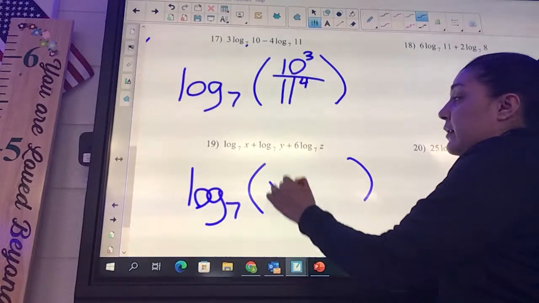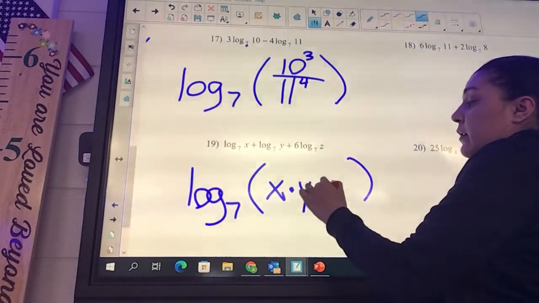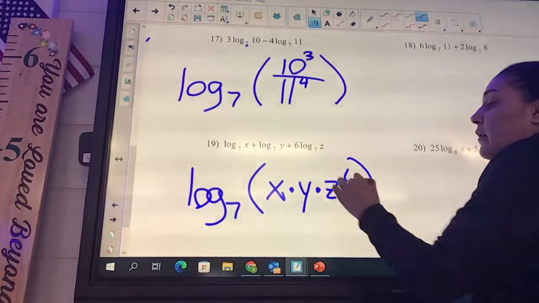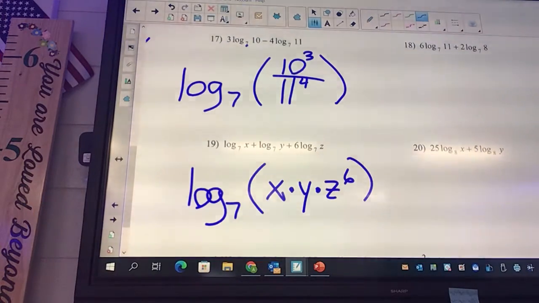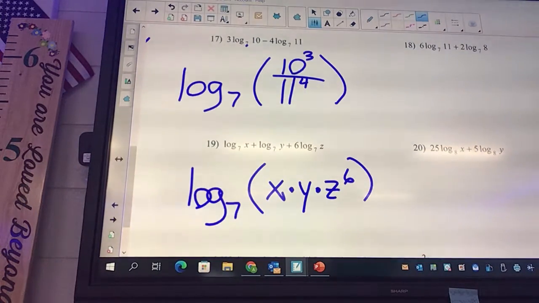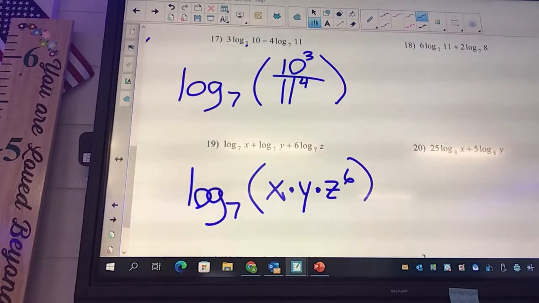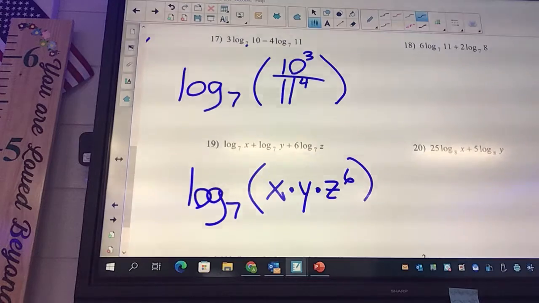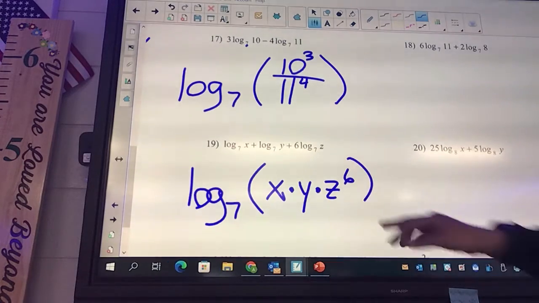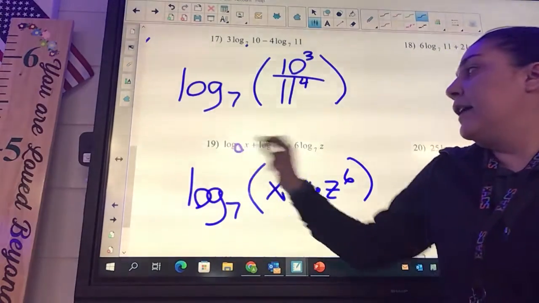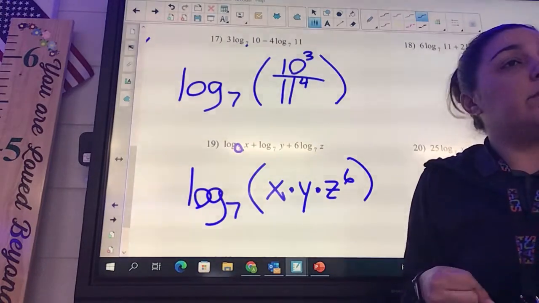Times y, times z to the sixth power. If the log has a 10, do you have to put the 10 or not? No. Can you? Yes. Okay. So if there's no little number with the log, the base, it's given that it's a 10.